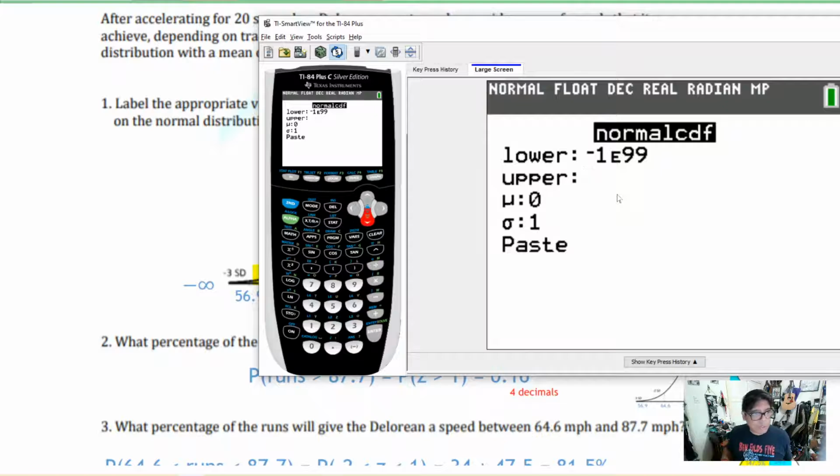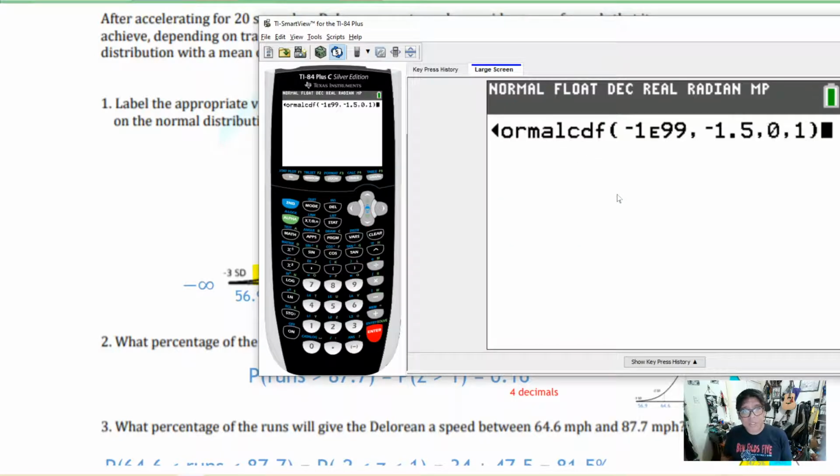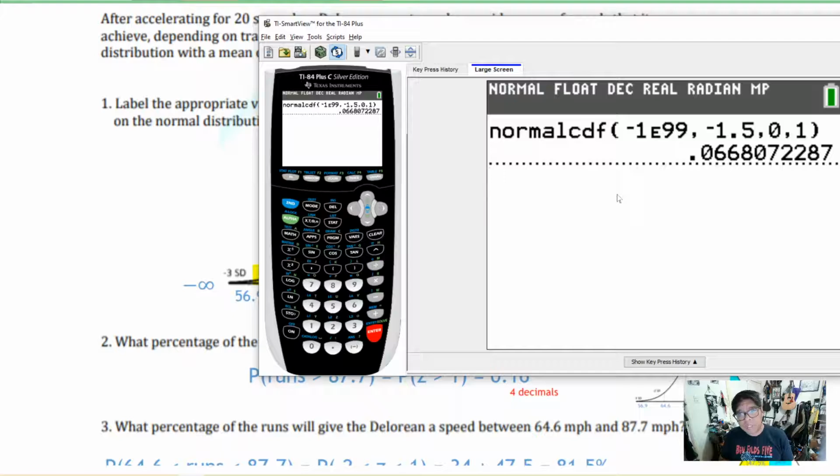Now the upper z-score, or the right side of our interval, that's at -1.5. The mean of a normal curve is 0. The standard deviation of a normal curve is 1. So we push paste and enter, and that's our area, 0.668.